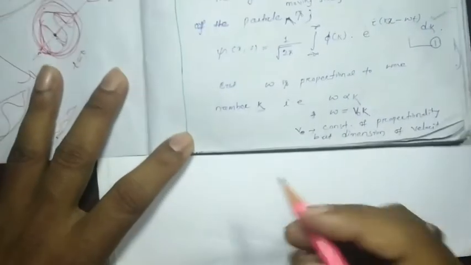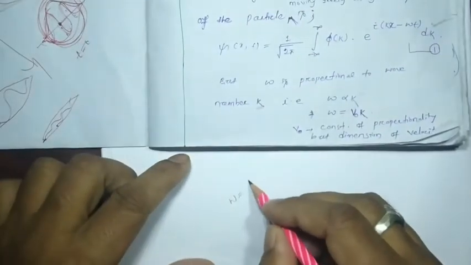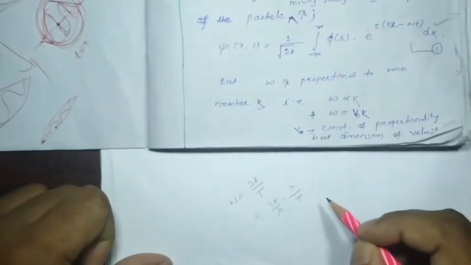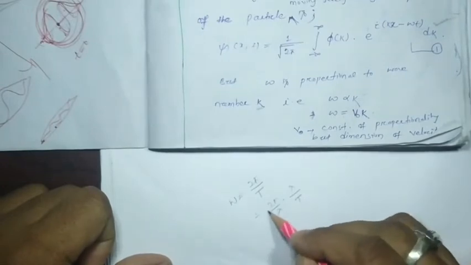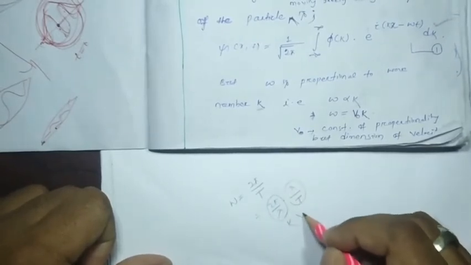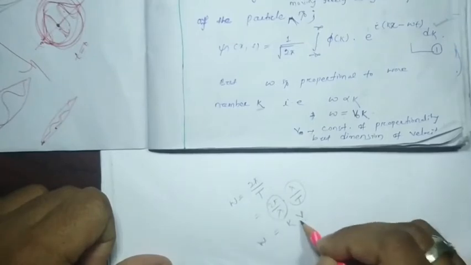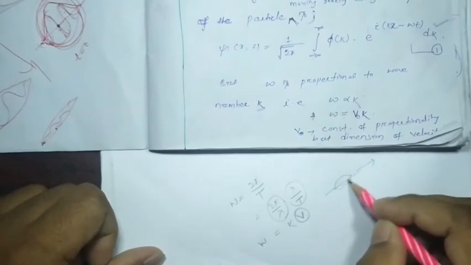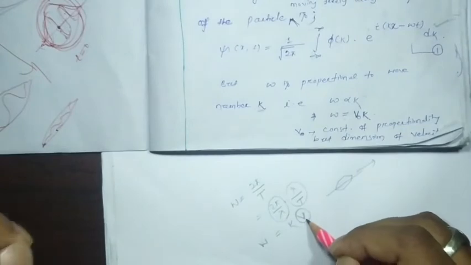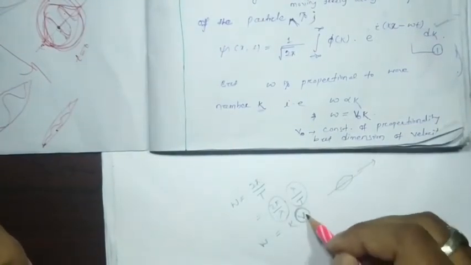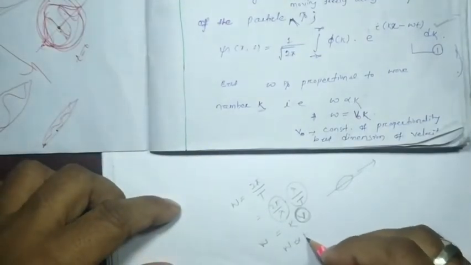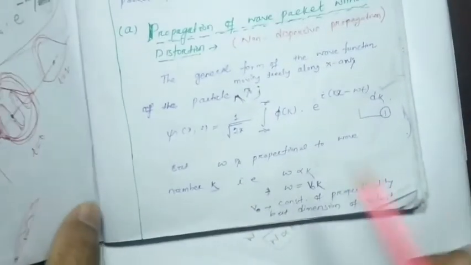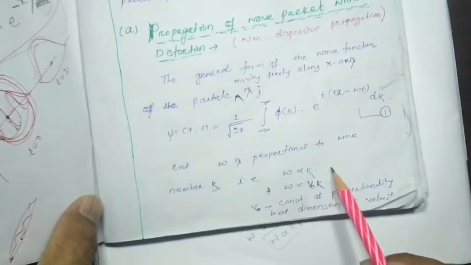Because we know that the angular frequency omega is equal to 2 pi by T, it can be written as 2 pi by lambda into lambda by T. 2 pi by lambda is nothing but k, and lambda by T is v. So if v is constant, suppose a wave packet is moving along the x-axis with a constant velocity, then omega is proportional to k, and omega equals v0 k.